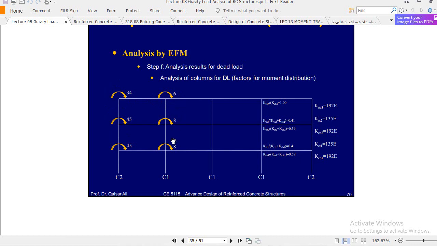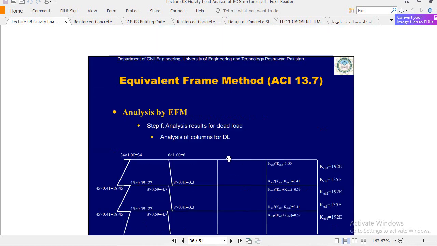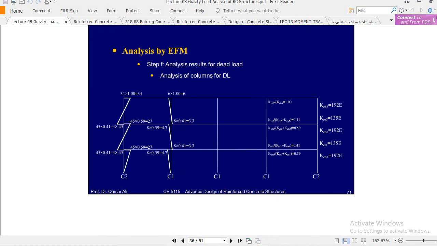Then we distributed these unbalanced moments by the relative stiffness of the top column and the bottom column. I explained the distribution thoroughly in lecture number 5 and 6, and how we draw these moment diagrams. This is the beauty of the equivalent frame method.